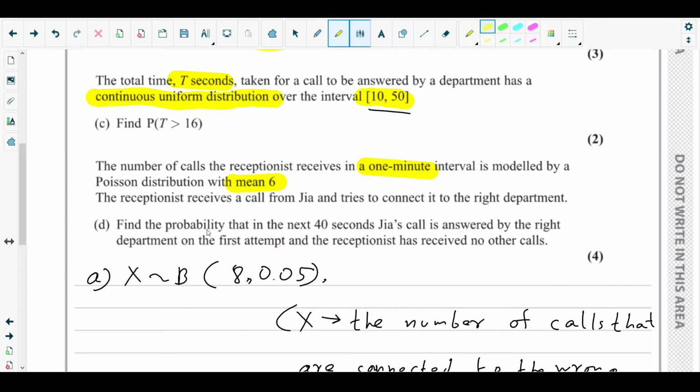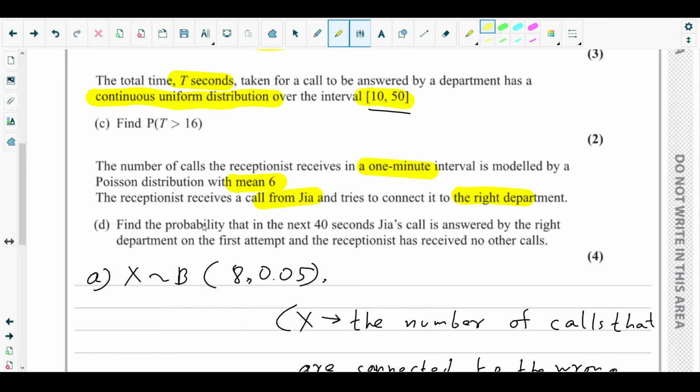The receptionist receives a call from Jia and tries to connect it to the right department. Okay, fine. So part D, very important.